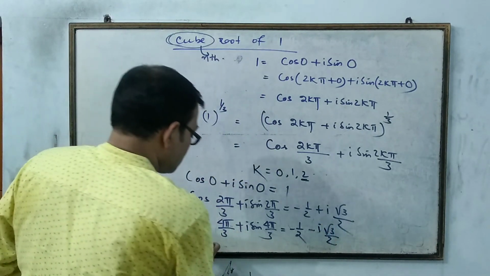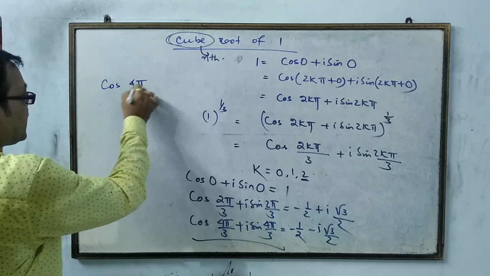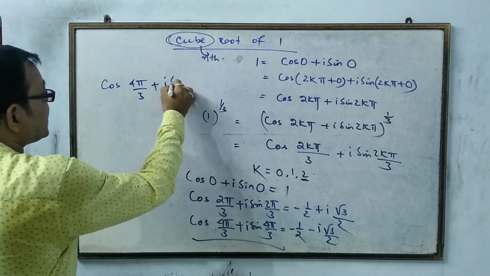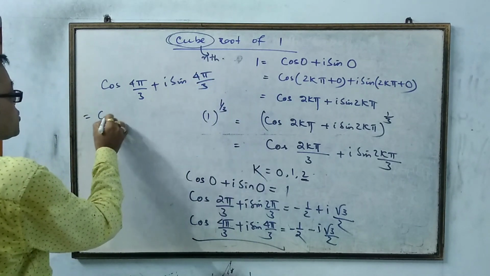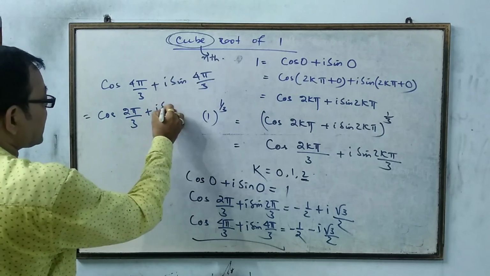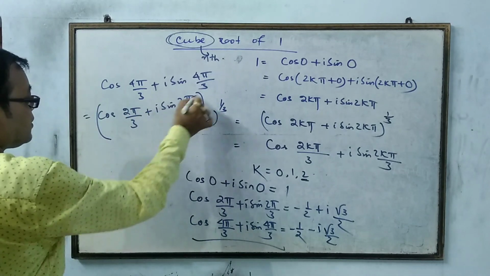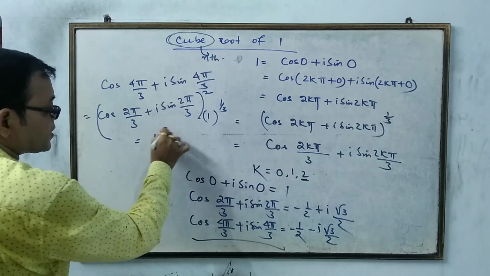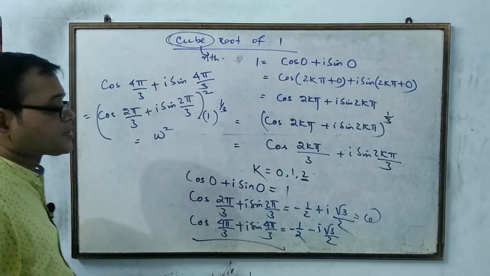I can also write this as cos 2 pi by 3 plus I sin 2 pi by 3 whole square, which is omega square. We know this value is omega. We have got this complex number.